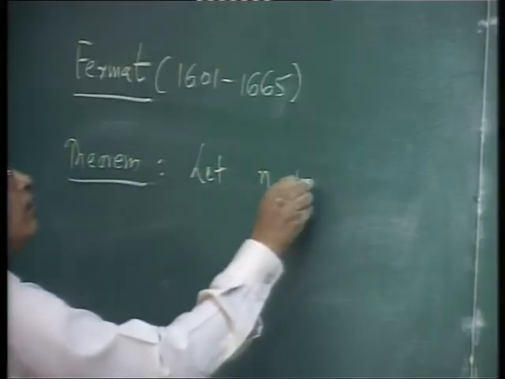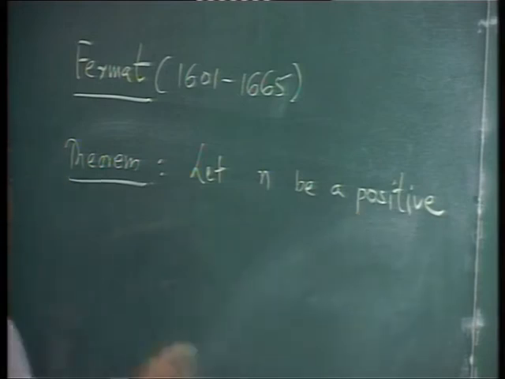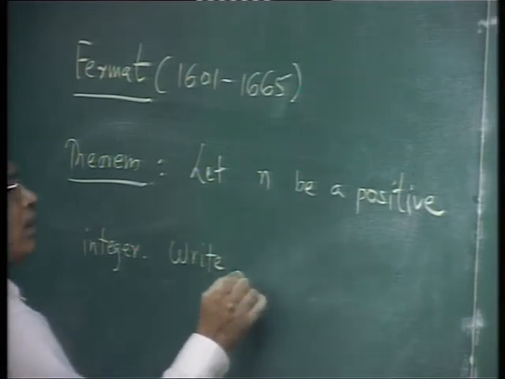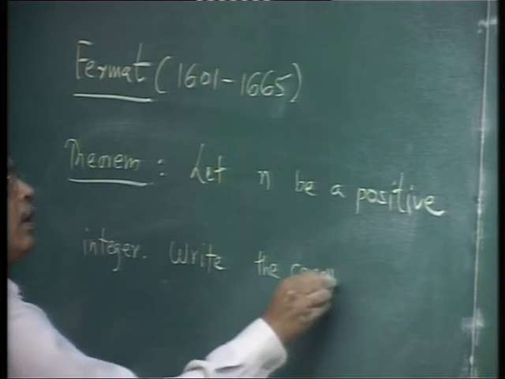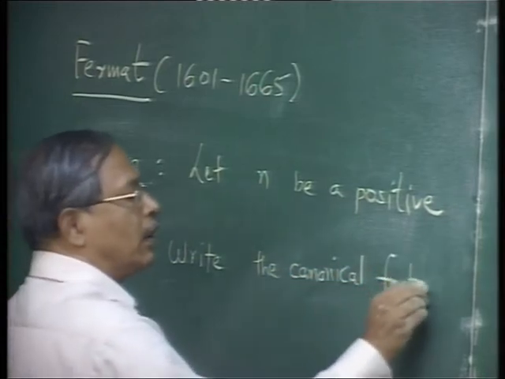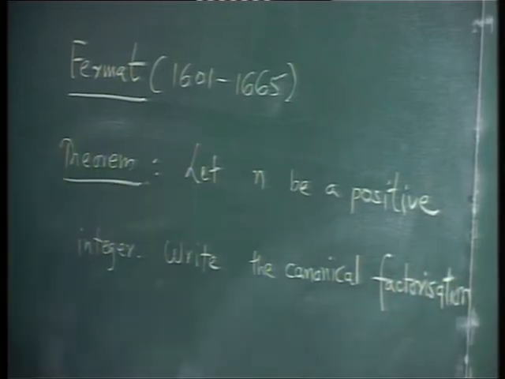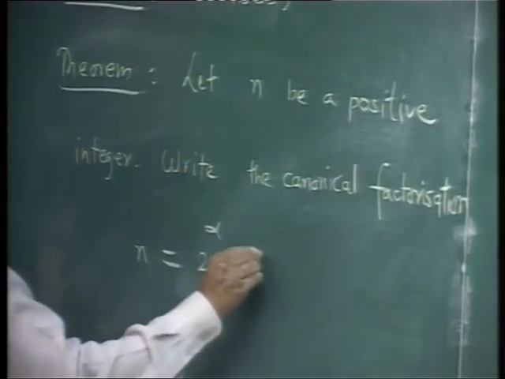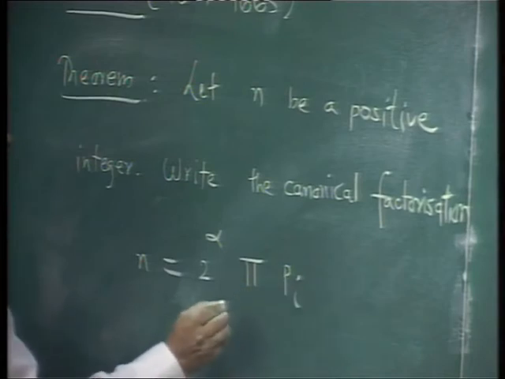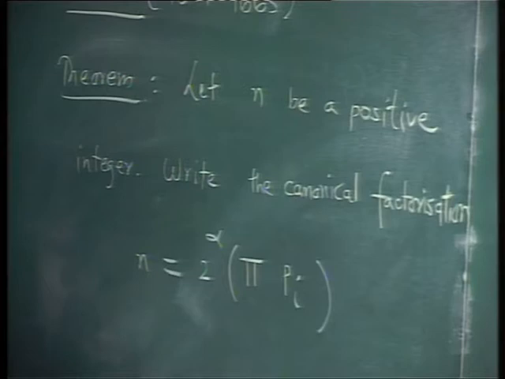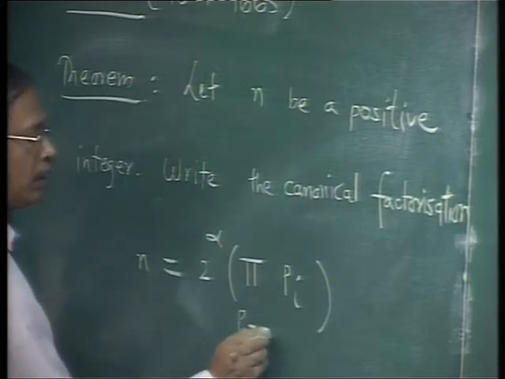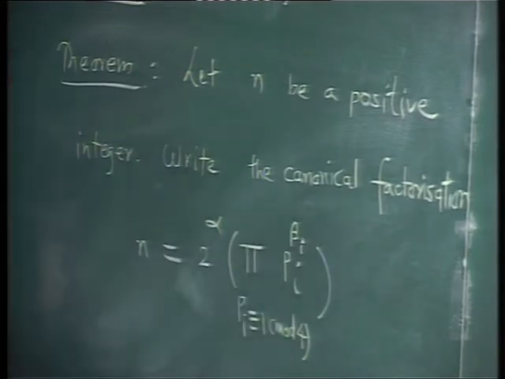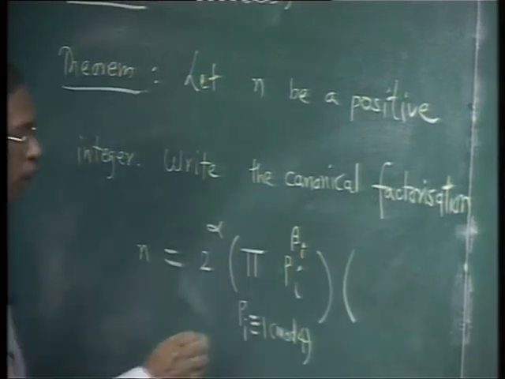So, let n be a positive integer, and write the canonical factorization n equal to 2 raised to alpha, product of p i raised to beta i, where these are primes of the form 1 mod 4, and then you write primes of the form 3 mod 4.